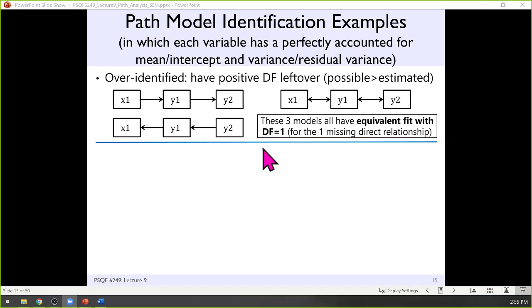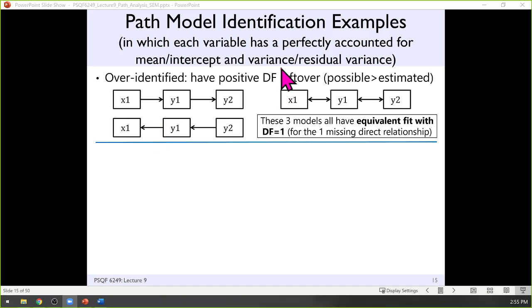And these are each over-identified because there's 1 degree of freedom, because none of these models has a direct relationship between X1 and Y2. So each of these models is saying that the covariance between X1 and Y2 can be recreated by tracing through these paths. The model says this path times that path is the relationship between X1 and Y1. And this does the same, but in the opposite direction.